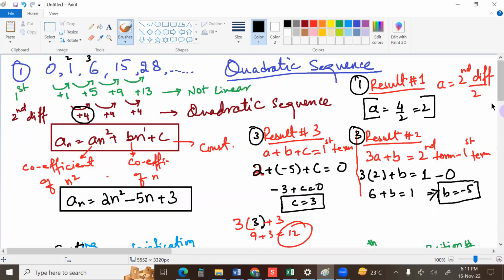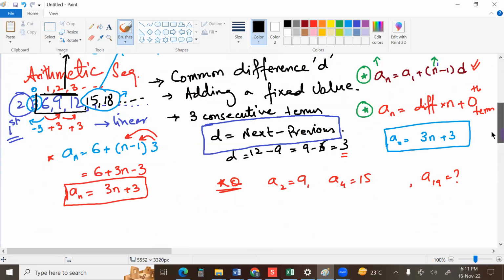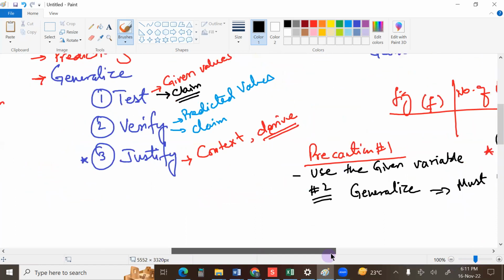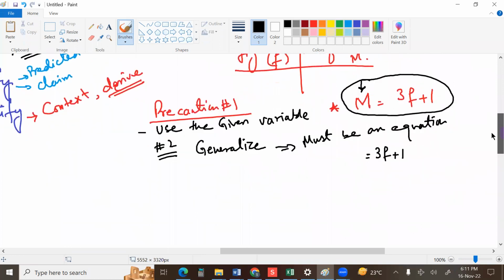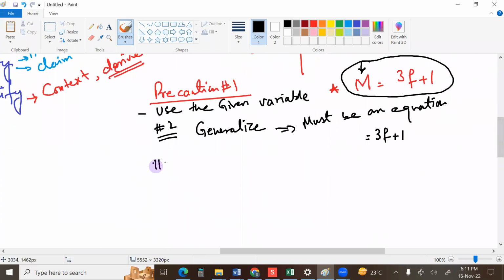I will also take this opportunity to list another precaution. When you write description, don't just read the general rule. That's also a mistake that has been observed.